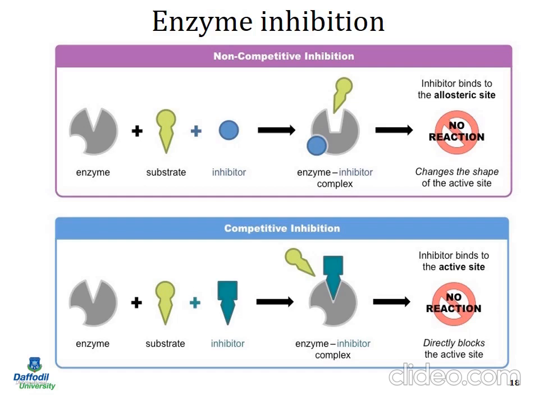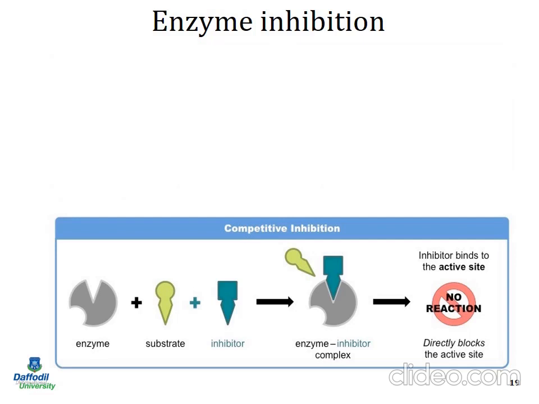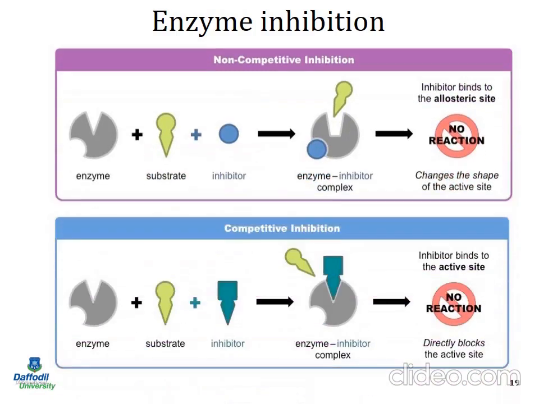As the shapes of the active site of the enzyme, the substrate and the inhibitor are the same, there is a problem of who will come first, whether the inhibitor or the substrate will bind with the enzyme to form the enzyme substrate complex or enzyme inhibitor complex. In that case, there is a competition between the substrate and the inhibitor. As a result, this type of inhibition of the enzyme is known as competitive inhibition.